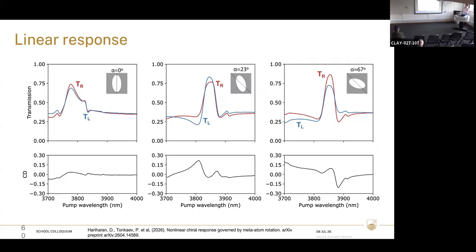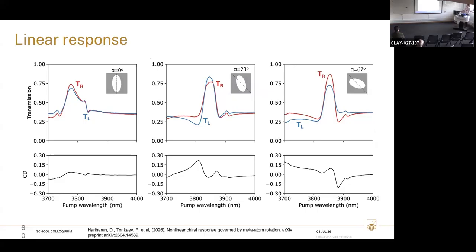For angle of 0, we have mirror symmetry in plane and out of plane. The CD is supposed to be around 0, and it is close to 0, but still not 0, I assume, because the ideal structure, these elliptical holes, are not fully symmetrical.